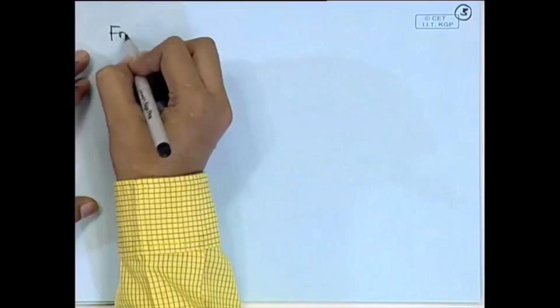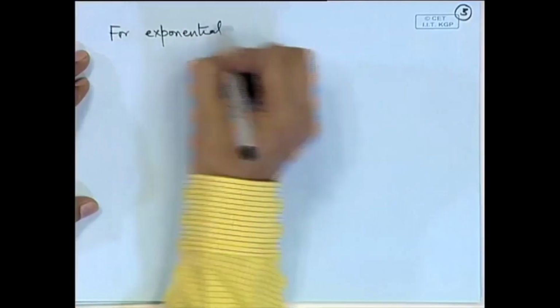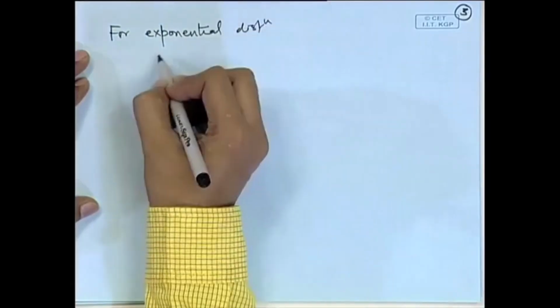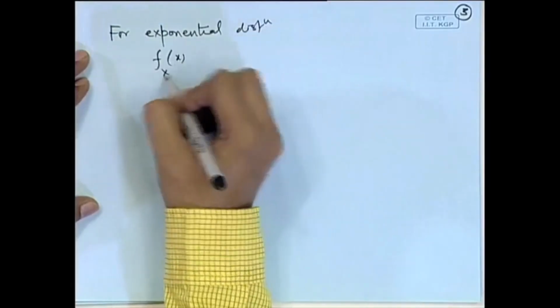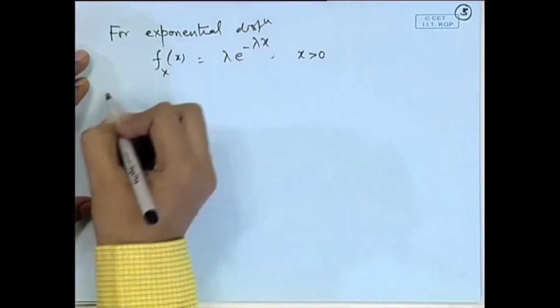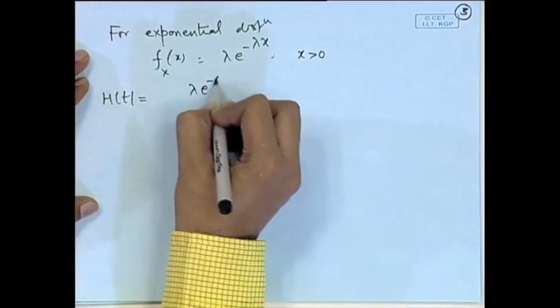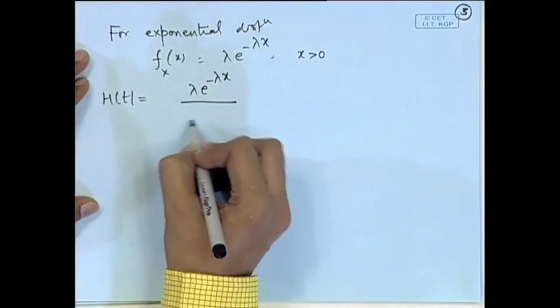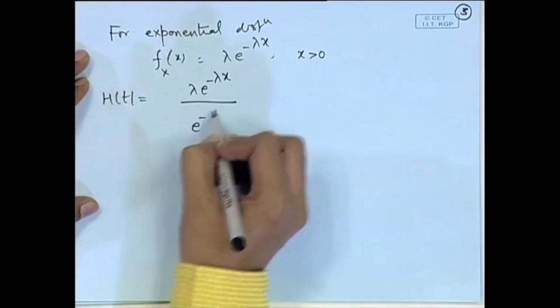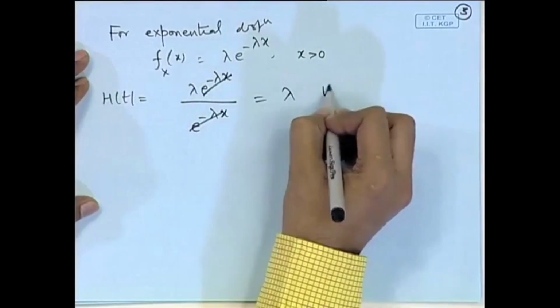In the case of the exponential distribution, say f x is equal to lambda e to the power minus lambda x, the hazard rate is lambda e to the power minus lambda x divided by the reliability function e to the power minus lambda x, that cancels out, which is lambda for all x.